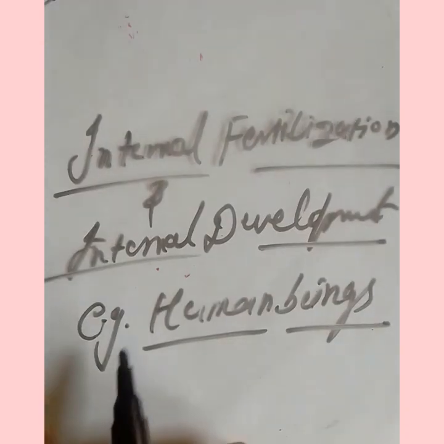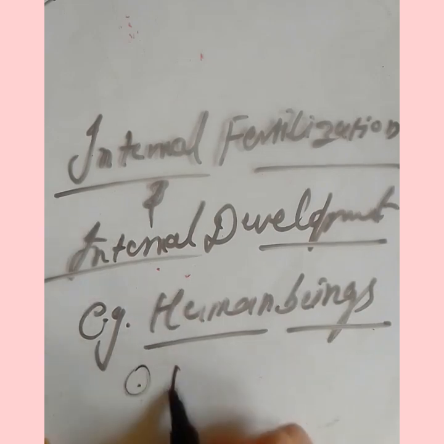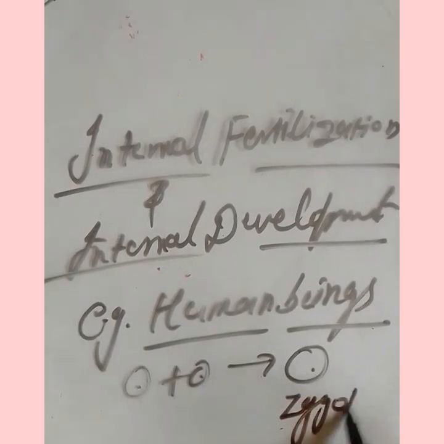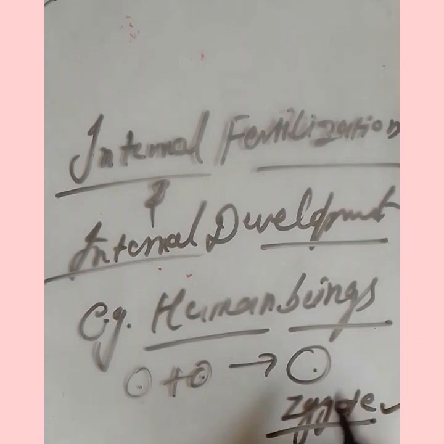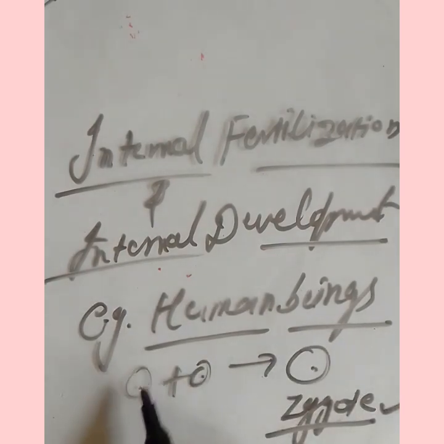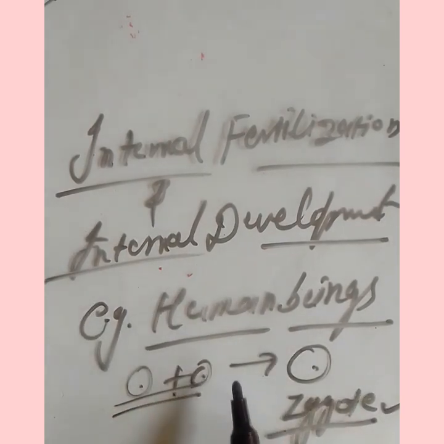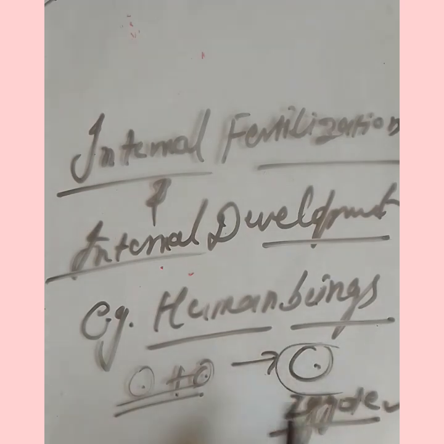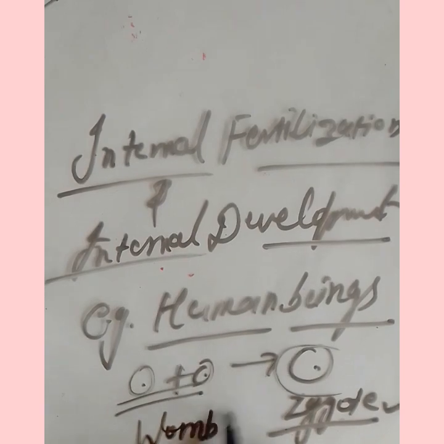Here fertilization of the male and female gametes occurs inside the body of the female, and the zygote is formed. Further this zygote will grow and go through several stages: it will form the embryo, then the fetus, then the new baby. But all these events are inside the body of the female, inside the womb of the mother.